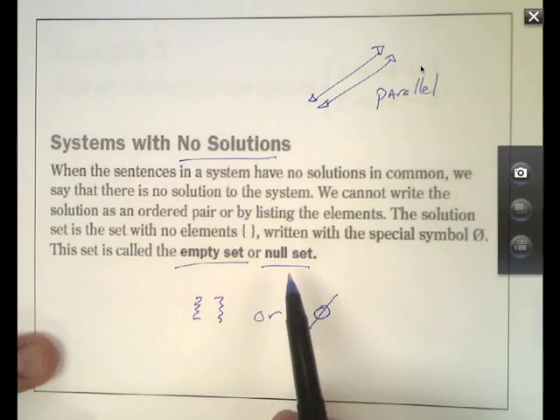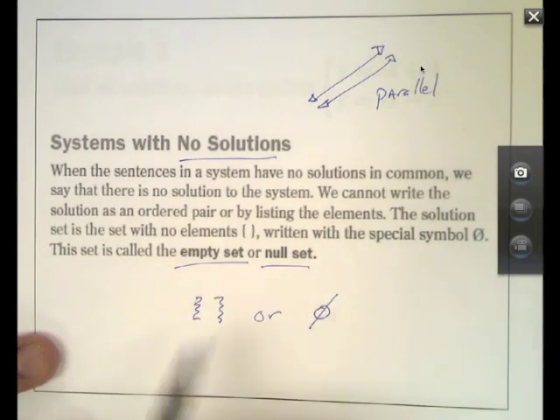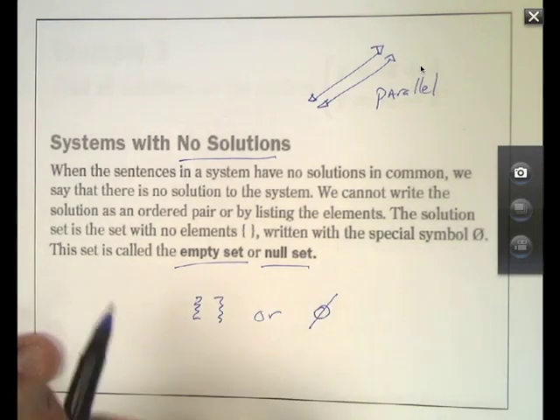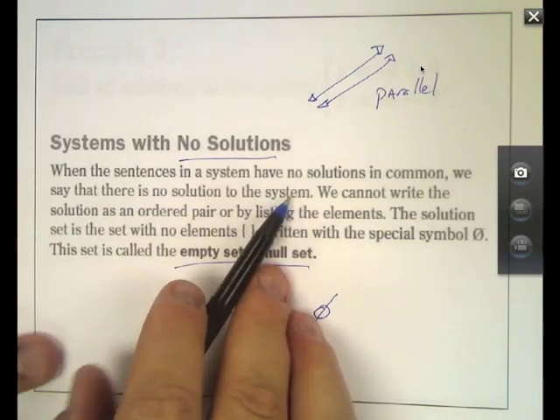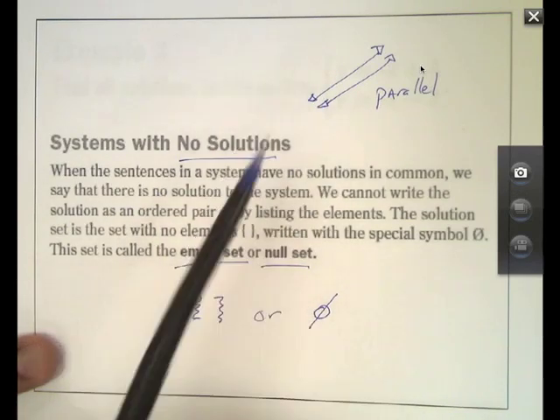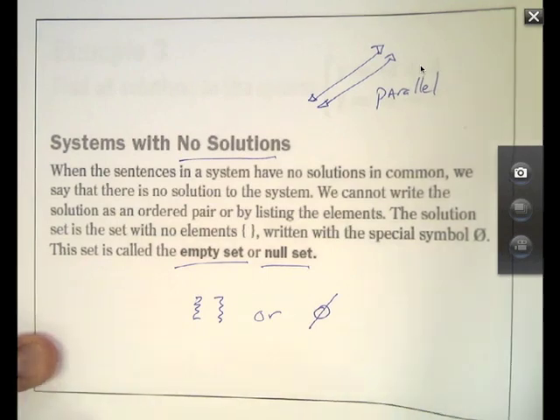We call this the null set or the empty set. That is for systems with no solutions. These are equations that do not intersect anywhere.